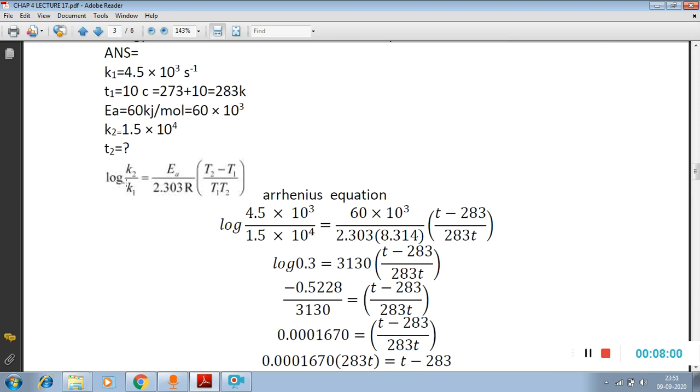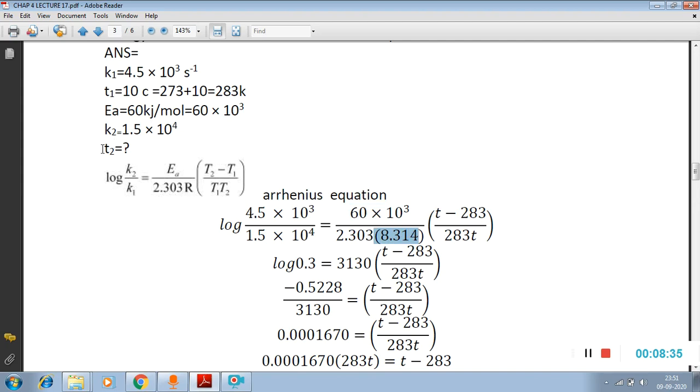So here the equation is the Arrhenius equation, log K2 by K1 is equal to EA divided by 2.303 into R, in brackets T2 minus T1 divided by T1 into T2. So put the values in that equation. Here I have written the K2 value as well as the K1 value, you can see, is equal to the EA value, R, that is 8.314.